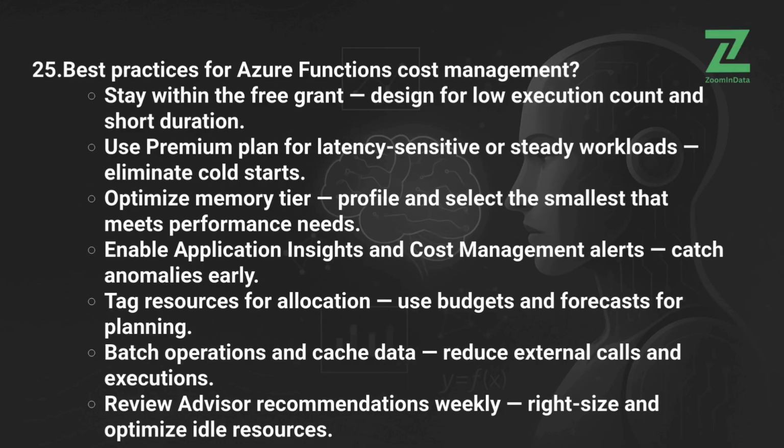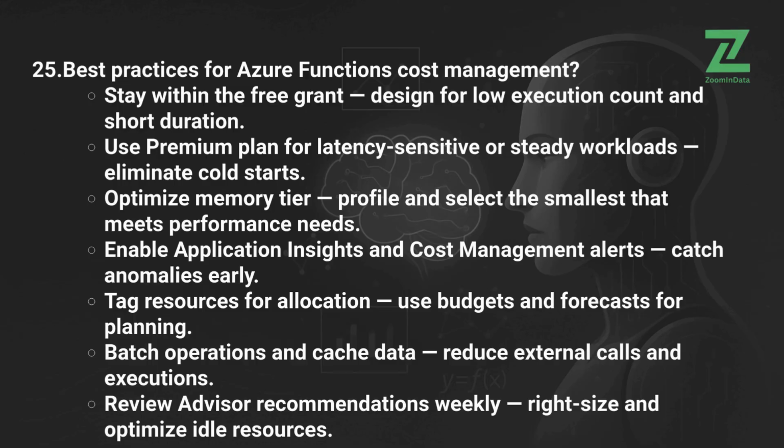Best practices for Azure Functions cost management. Stay within the free grant. Design for low execution count and short duration. Use the Premium plan for latency-sensitive or steady workloads. Eliminate cold starts. Optimize the memory tier: profile and select the smallest that meets performance needs.